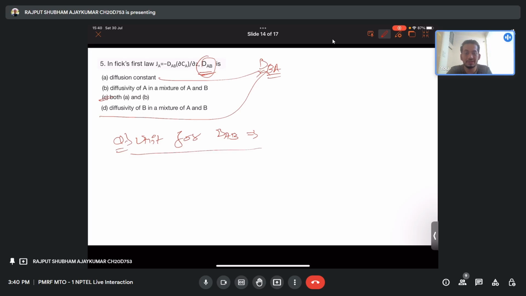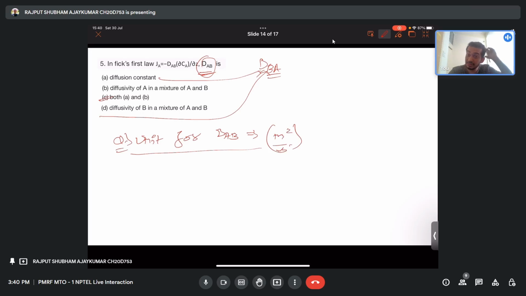Can anyone derive the unit for DAB from the above equation? Or if you don't want to derive it, you might have gone through the lecture notes, right? It's just the basics. It's in meter square per second.